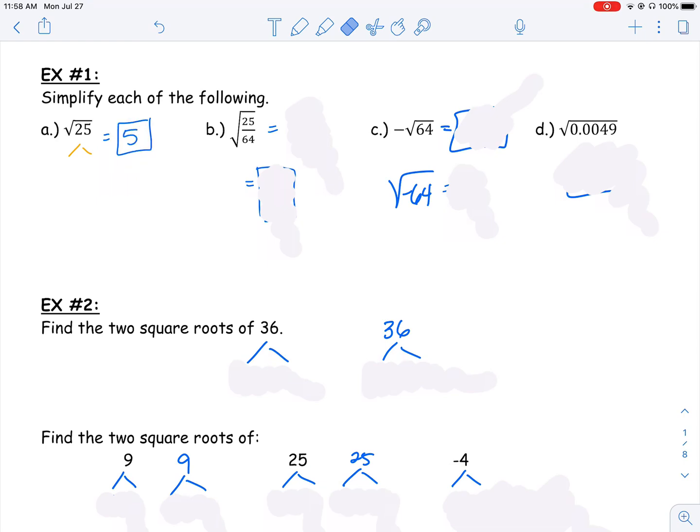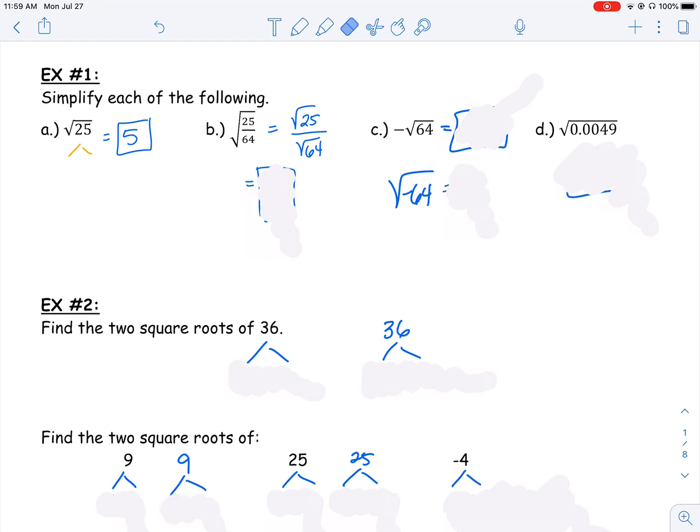Now look at B. 25 divided by 64 doesn't quite go in evenly. We would end up getting some sort of decimal, and it doesn't reduce. But what we can do with a square root, if it's a fraction underneath and can't be divided inside, is break this up into smaller square roots. So instead of the square root of 25 over 64, I could do the square root of 25 over the square root of 64, breaking it up into individual square roots.